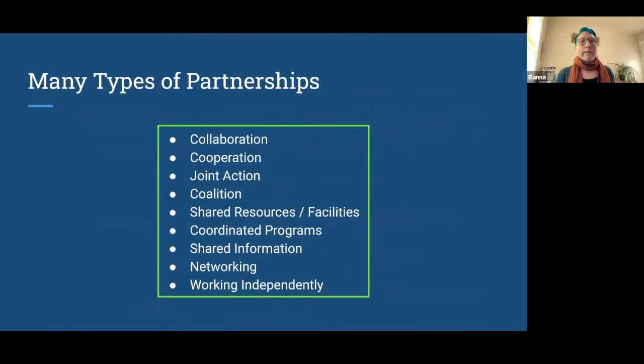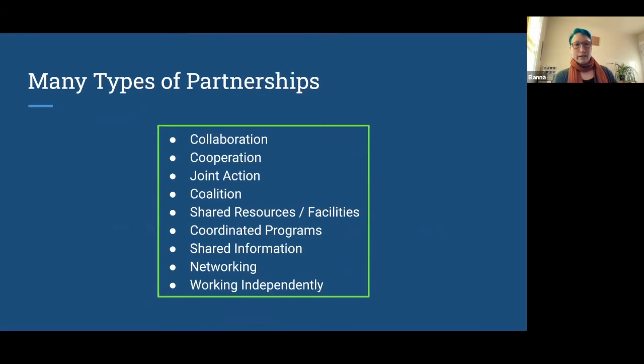And there are many different types of partnerships. It's not necessary to try and always work toward a full collaboration, because even in human relationships, we need different types of relationships to keep us going.